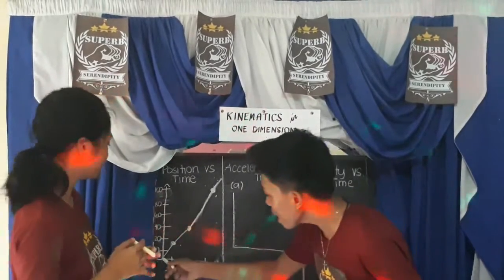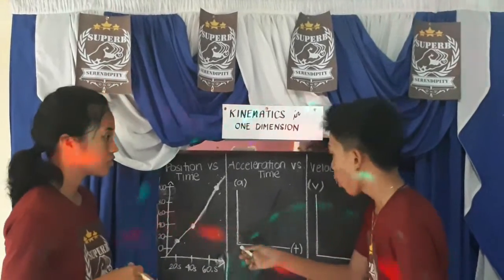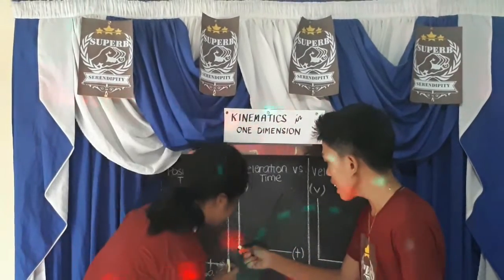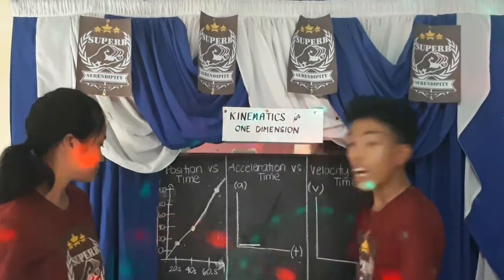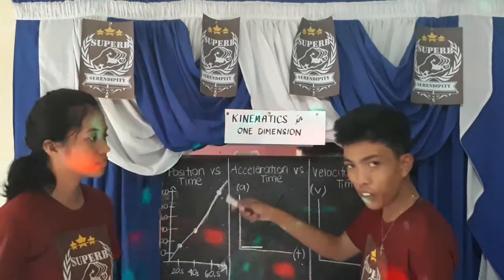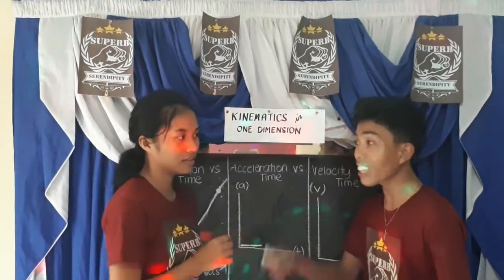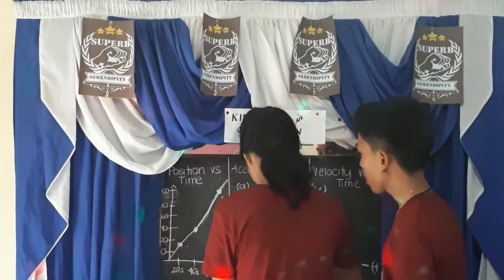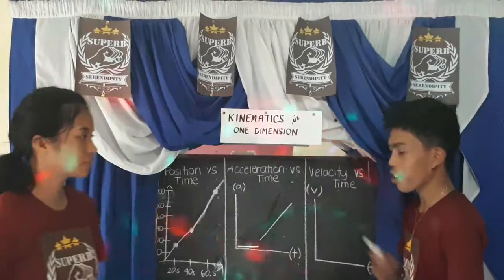From 0 meters to 20 seconds, it is very clear that it is constant, like this. And from 20 seconds up to 66.54 seconds, it is very clear that it is constant yet increasing. So this is the new phase of our acceleration versus time graph.